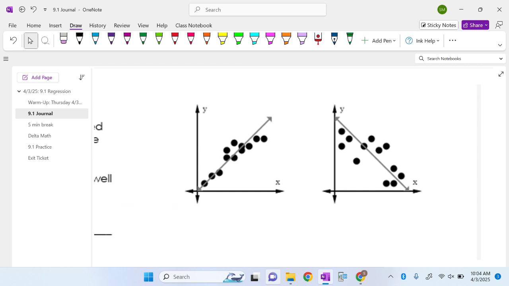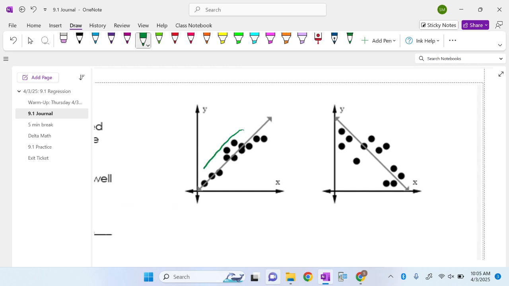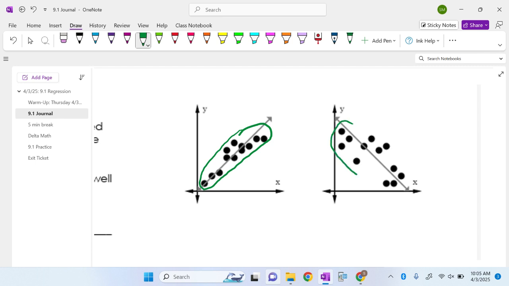It's called whether you have a hot dog, a football, or a cookie. We all know what all three of those things look like, right? How that works is if I drew an oval, circle, however you want to call it, around the scatter plots, just around the points in general.